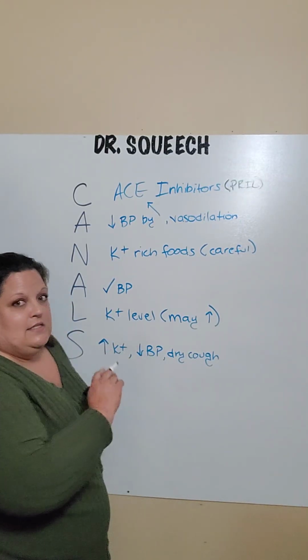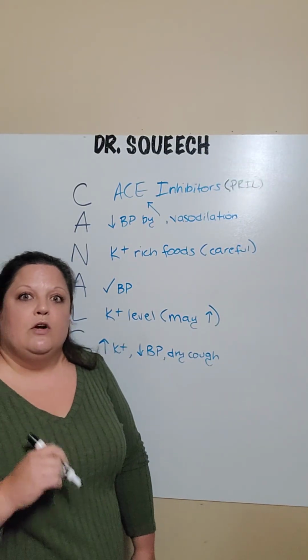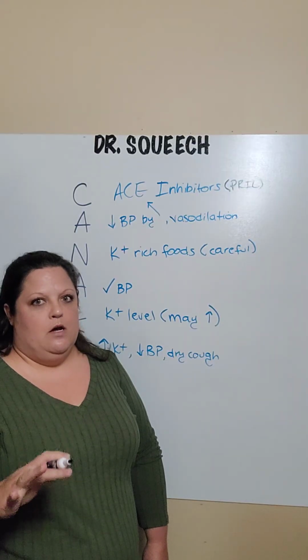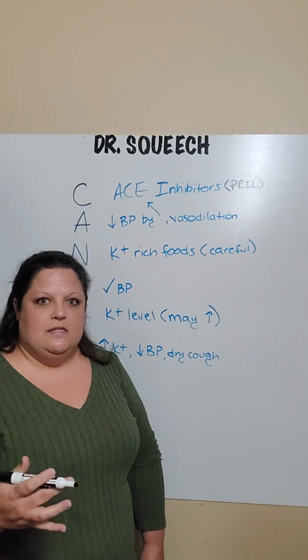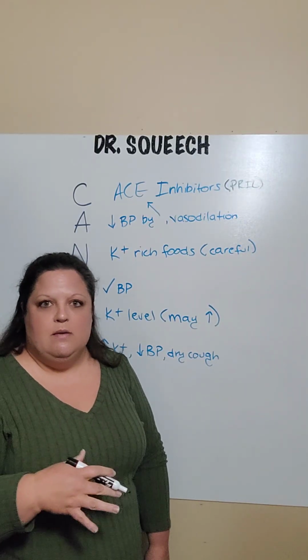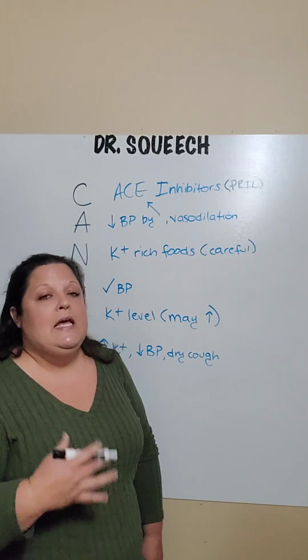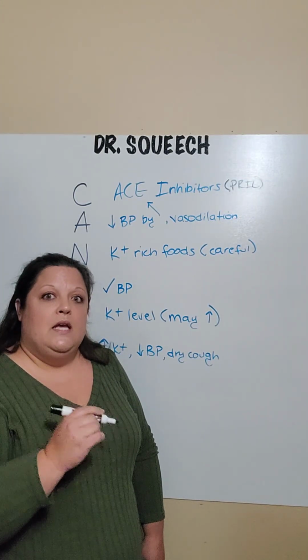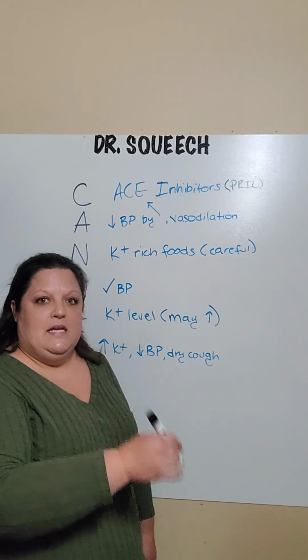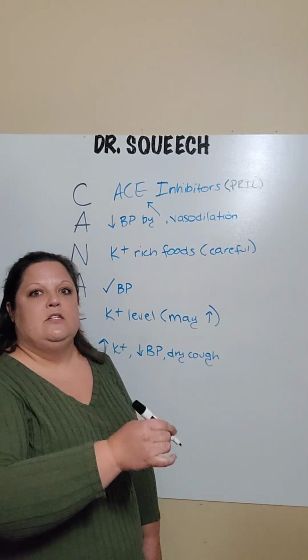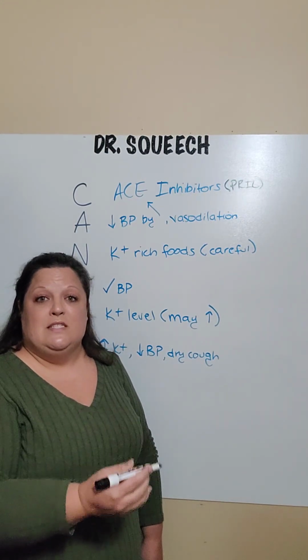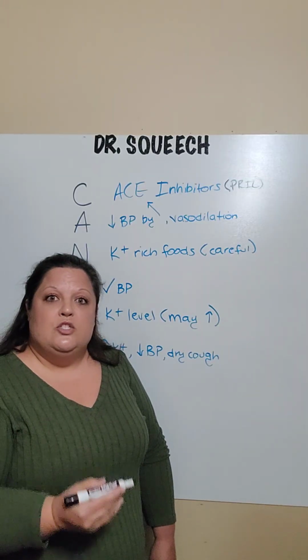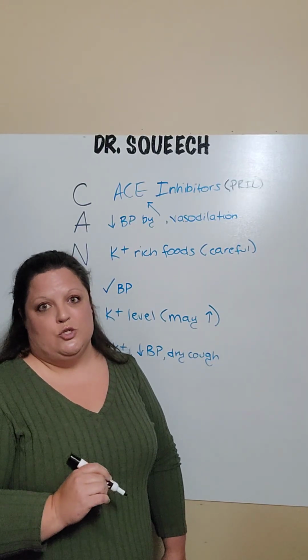Now, the ACE stands for angiotensin converting enzyme. In pharmacology, odds are when we talk about enzymes, we don't like them. They do something in the body that we're not fans of. In this instance, the angiotensin 1 in the body has an enzyme that goes with it that converts angiotensin 1 to angiotensin 2. And angiotensin 2 is a potent vasoconstrictor.